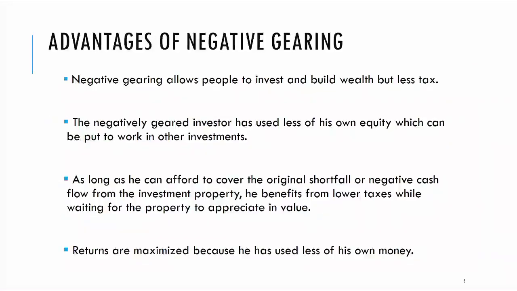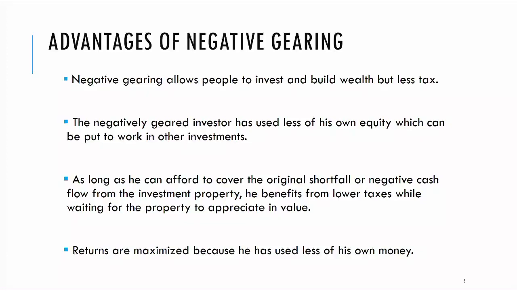But, see, advantages of negative gearing. Negative gearing allows people to invest and build wealth, but with less tax. If you have lots of money, say you have 3 million in cash, you can buy different investment properties, not just 1 million properties.